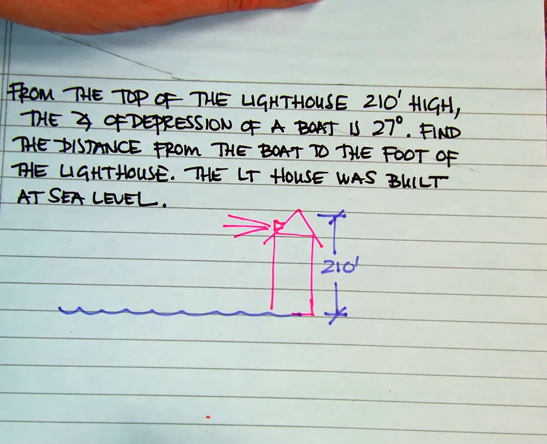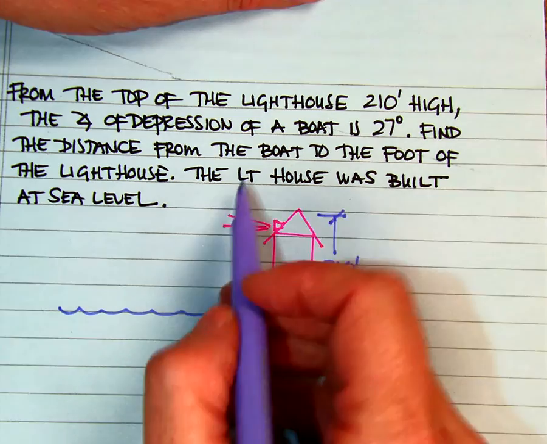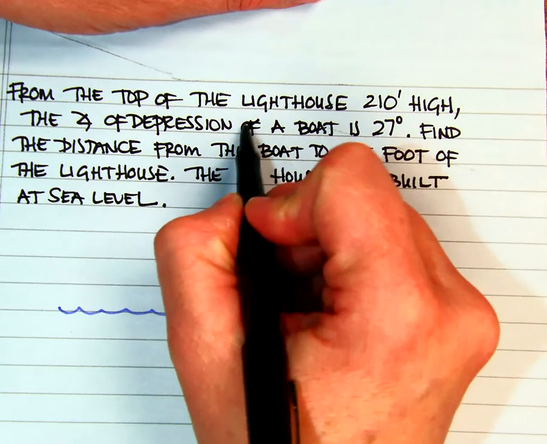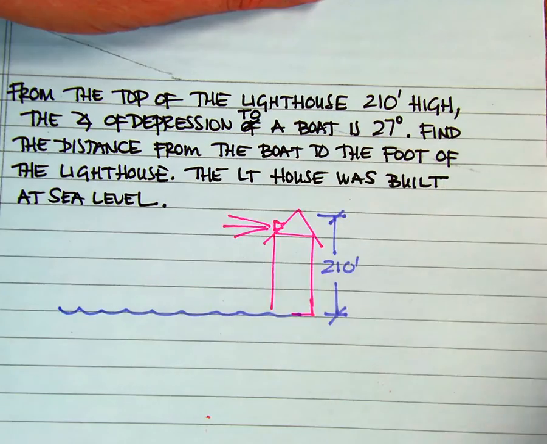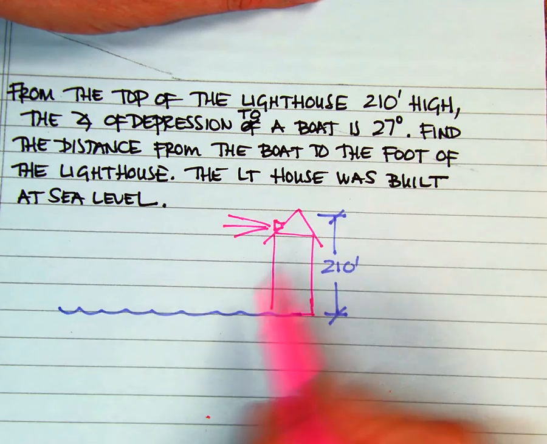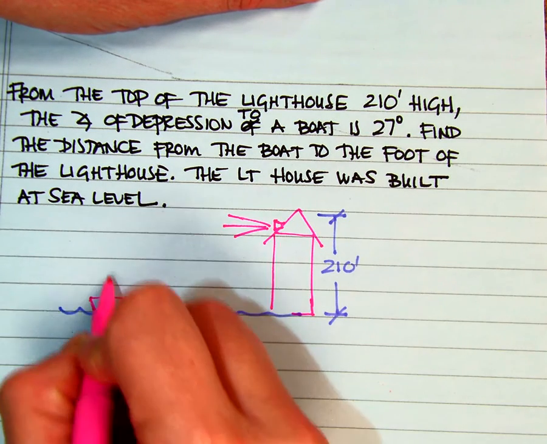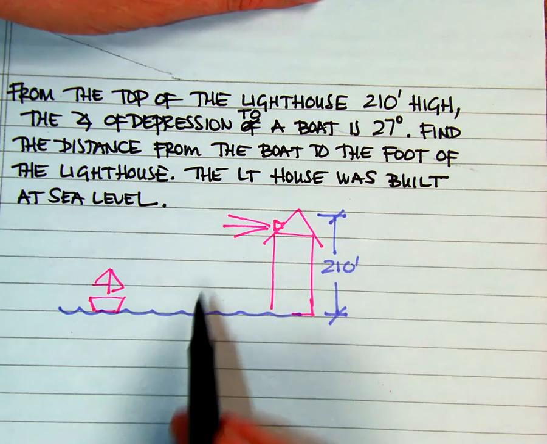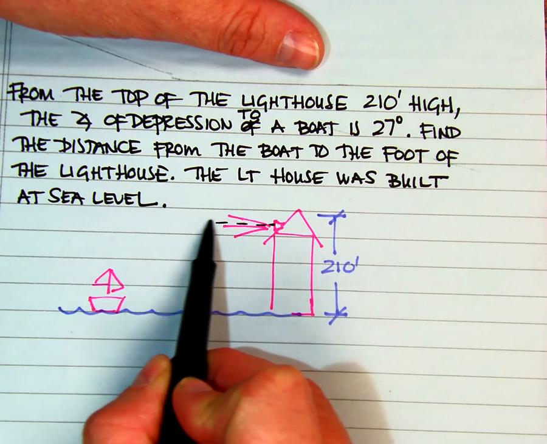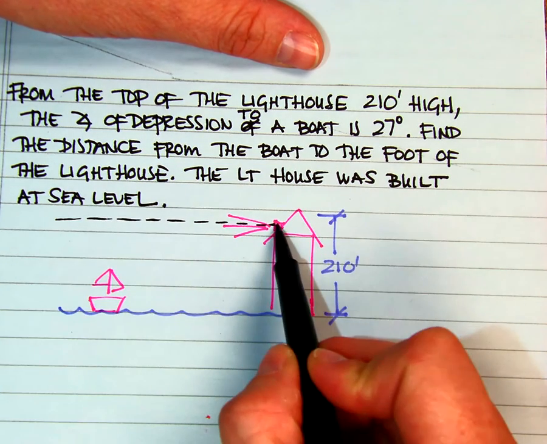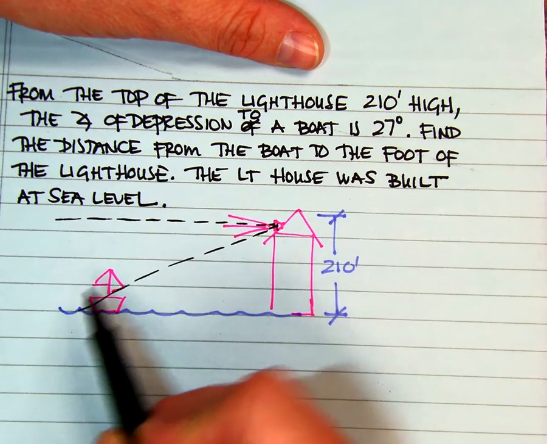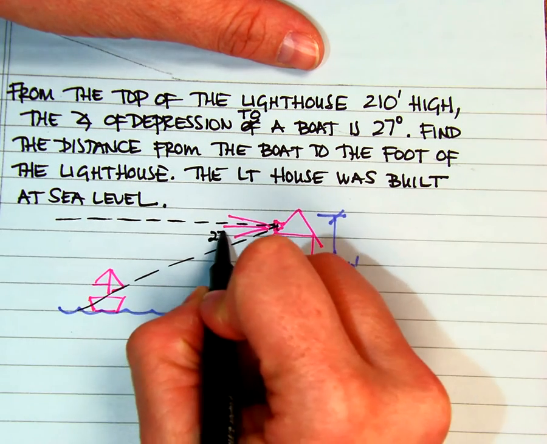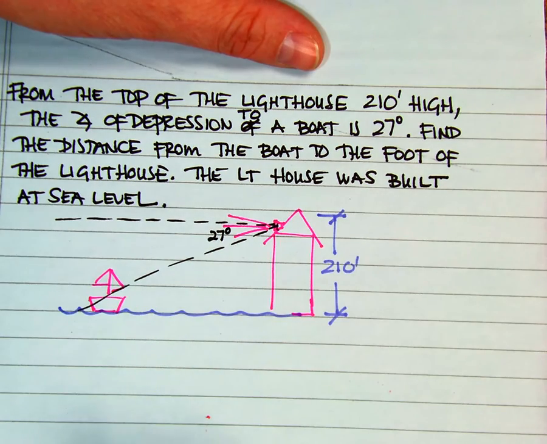And it says the angle of depression, I think this should say to a boat. So if you had someone in the lighthouse looking at a boat, then the angle of depression would be from the top of the lighthouse to the boat. So the angle of depression is 27 degrees.